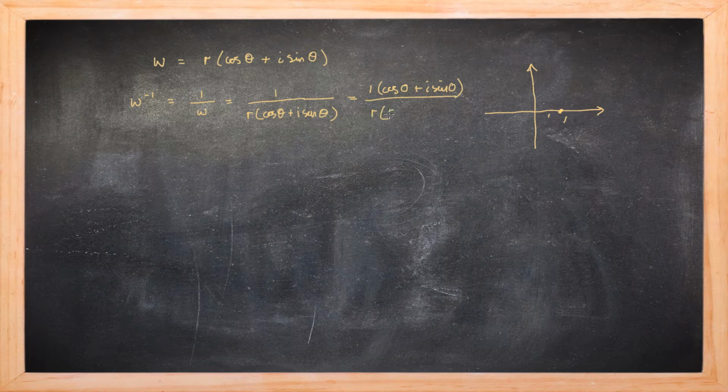Then we're faced with the division of two complex numbers in polar form, and we know how to do this from previous videos. The modulus is just the moduli divided, so we end up with 1 over r for the modulus, and the arguments we subtract. 0 minus theta would be negative theta.